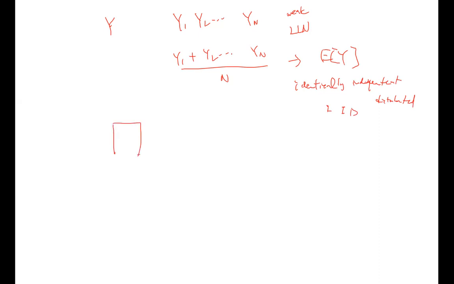What I mean by a random source is something I can repeatedly sample to generate random variables y1, y2, up to yn. As I mentioned, these are IID. Each time I sample, they are independent and identically distributed, so all of them have the same distribution.